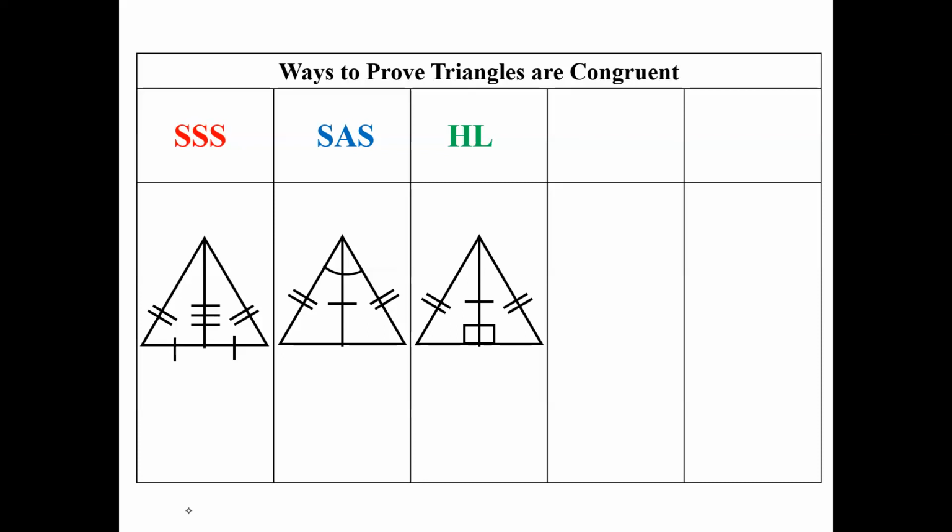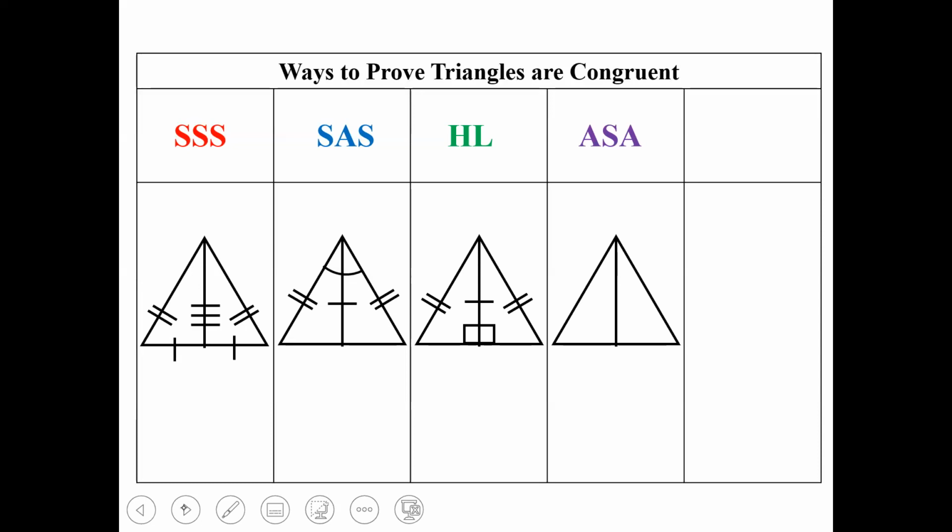But do not be confused. Just because a set of triangles are right triangles does not automatically mean that those 2 triangles are congruent to each other via hypotenuse leg. Okay, remember, the H in HL is hypotenuse. If the hypotenuses on your 2 triangles are not marked, then that means that those 2 right triangles are not congruent to each other via HL.